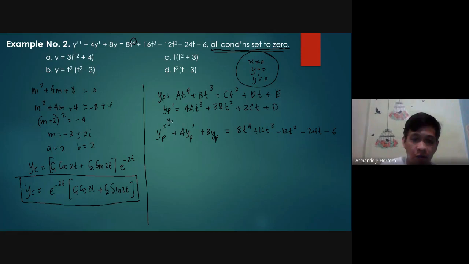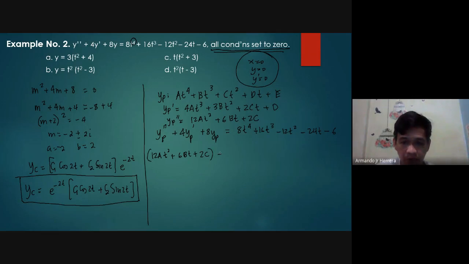Yp double prime is 12at squared plus 6bt plus 2c, derivative of d is 0. Substituting, magkakaroon tayo dito ng 12at squared plus 6bt plus 2c. So that's the value of yp double prime.